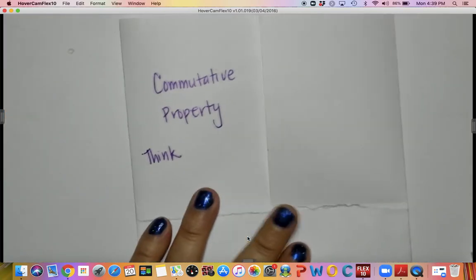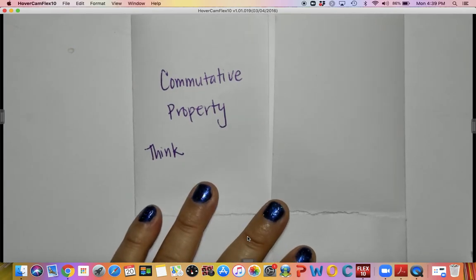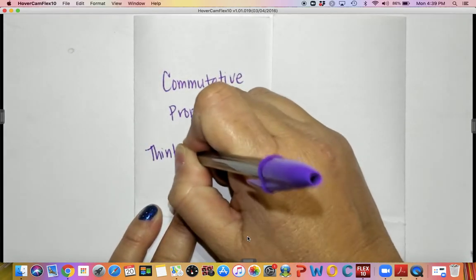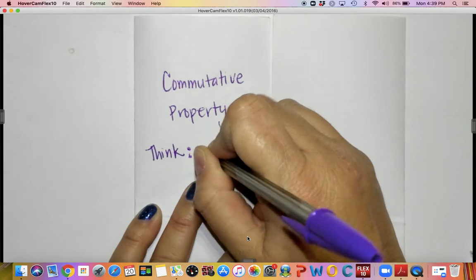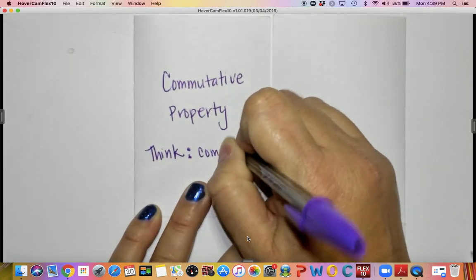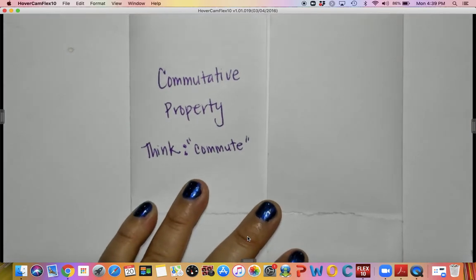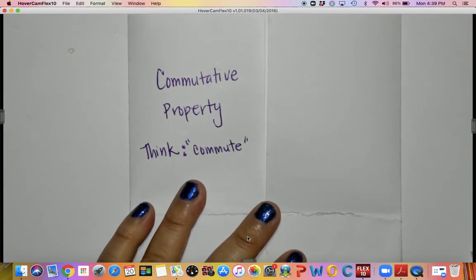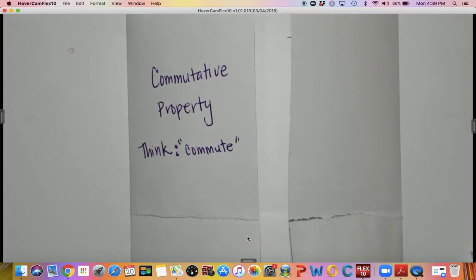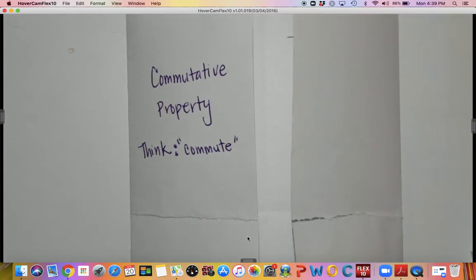And commutative property is a word, and when you think of commutative property, I want you to think of the word commute. And commute is something that we all used to do before shelter in place. If you've heard the word commute before, it means when you travel from one place to the other.